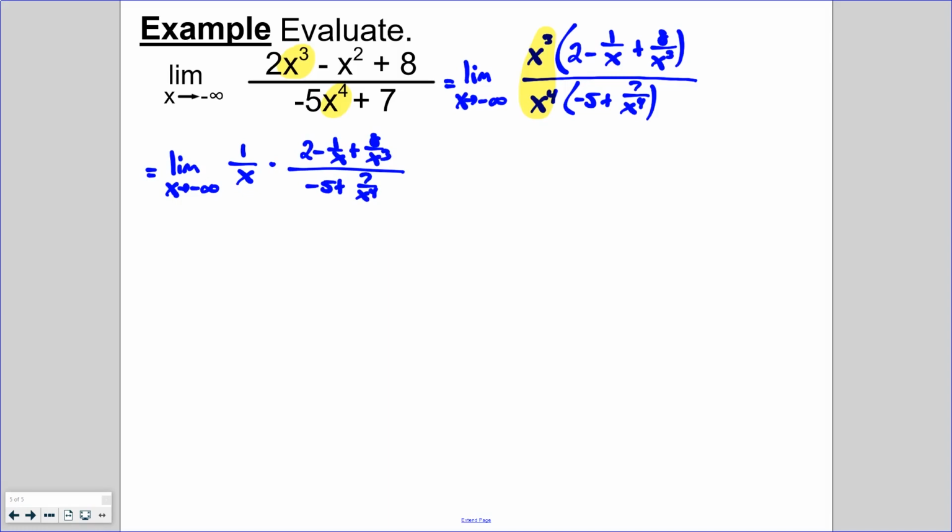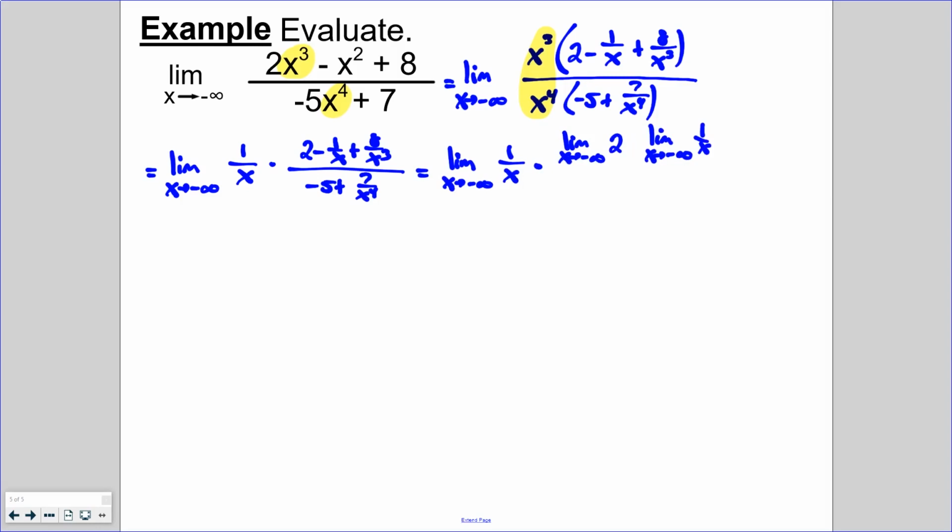All right, now we can make everything a limit. So we're going to have the limit as x approaches negative infinity of 1 over x times the limit as x approaches negative infinity of 2 plus the limit as x approaches negative infinity of 1 over x. And that shouldn't be a plus, that should be a minus. Let me come in and correct that.